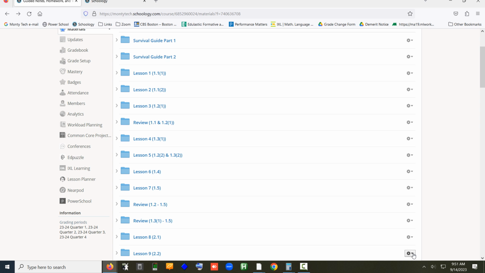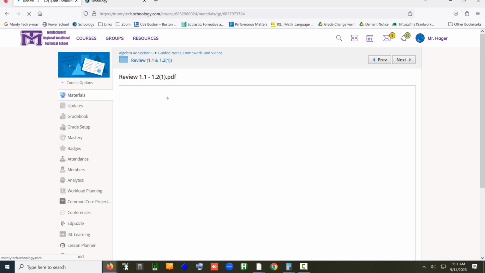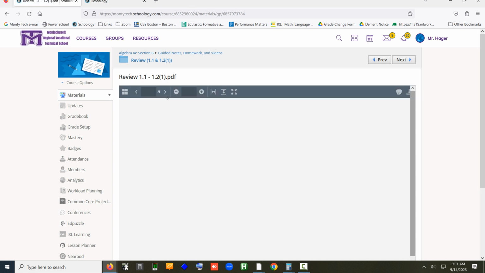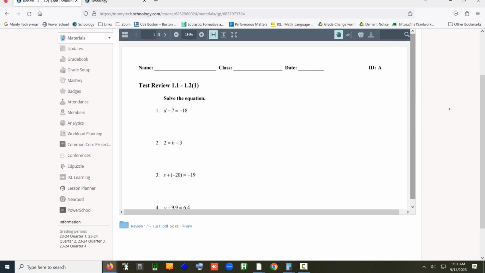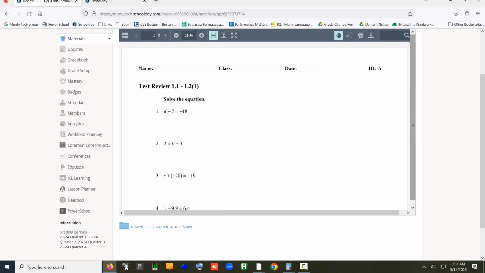The homework for tonight says lesson 3, 1.2 part 1, but because we didn't get to have a review day in class for the test, I made a review that goes over exactly the kinds of questions that are going to be on the test. It's review 1.1 and 1.2 part 1. The questions on the test are going to be exactly like the questions you see on the board.